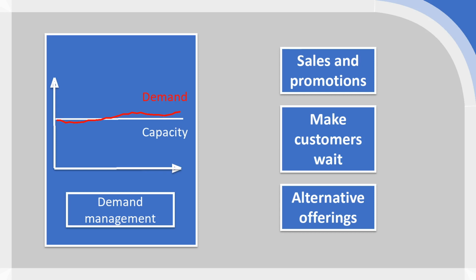The other method, making customers wait, is a method of demand management as well, depending on your brand loyalty and the nature of the product and service and the nature of your relationship with customers. By making customers wait, just like as we saw previously in the level capacity approach, you're able to shift demand from high periods to lower periods.